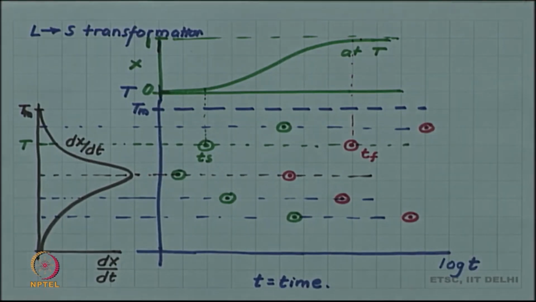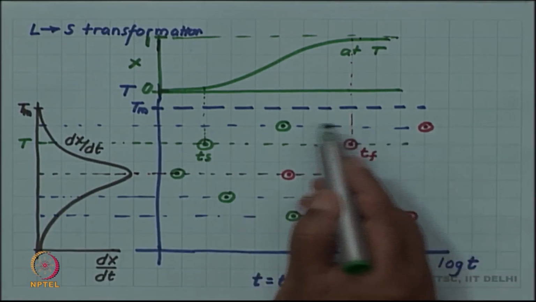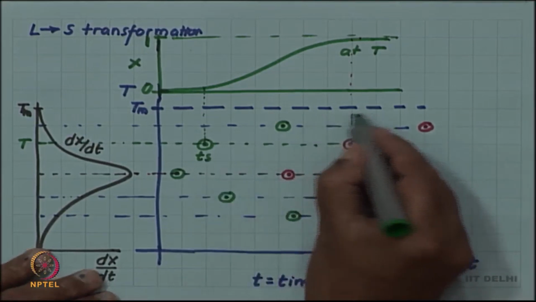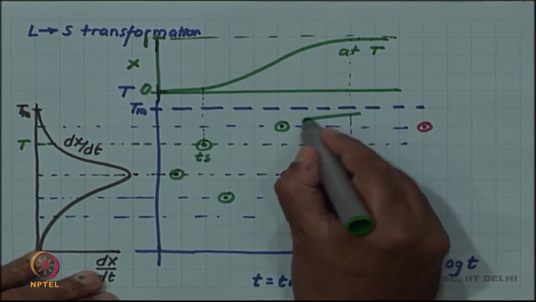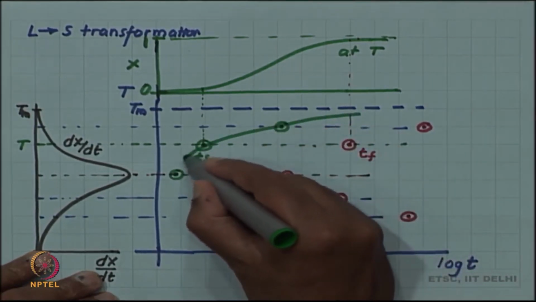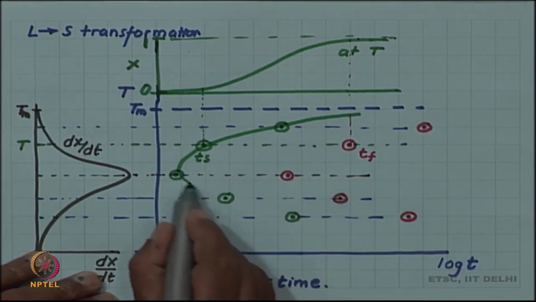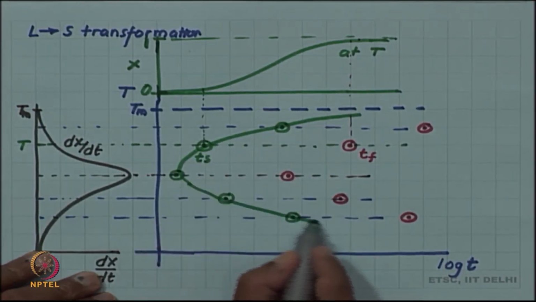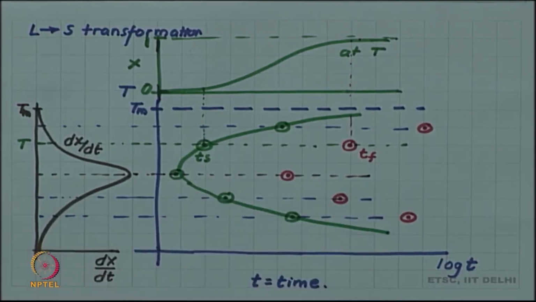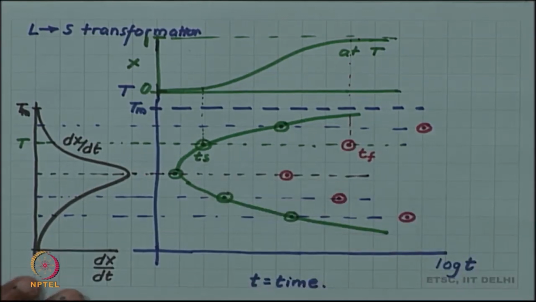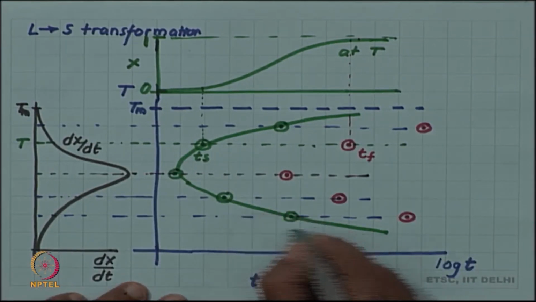So, if we now in this diagram connect all the start times, these green points are the start times, by a single curve, we get what is called a C curve. You can see the shape of the curve is a C curve, and this is the start curve.